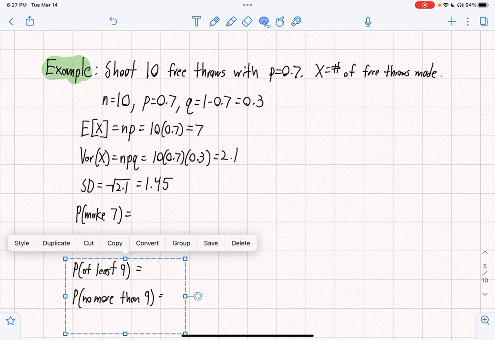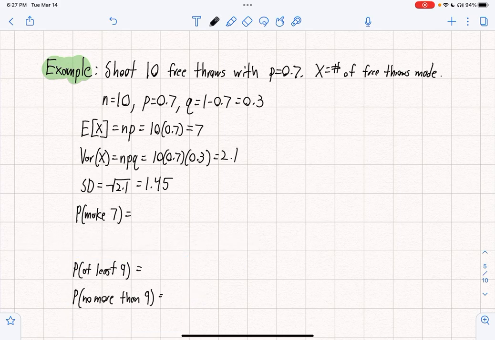Okay, let's find the probability that we make 7 exactly. So we want the probability x is equal to 7. All right, well, n choose x, so n here is 10, and we're going to choose 7. And then we have probability of success is 0.7. How many successes do we want? We want 7. Probability of failure is 0.3.